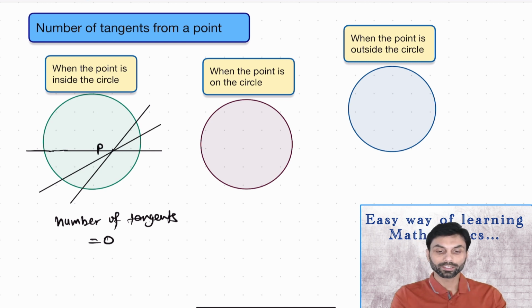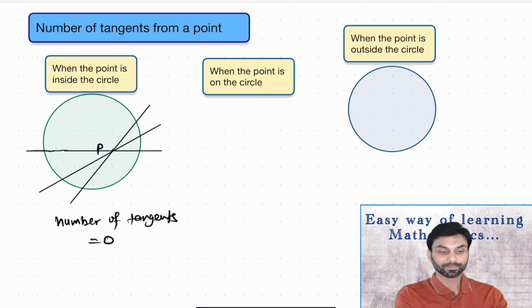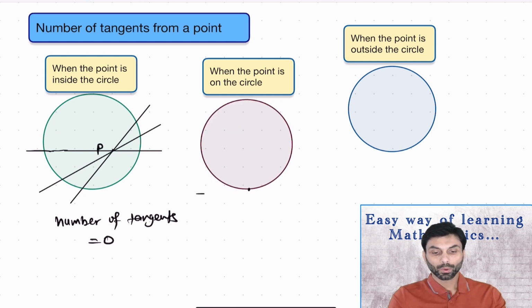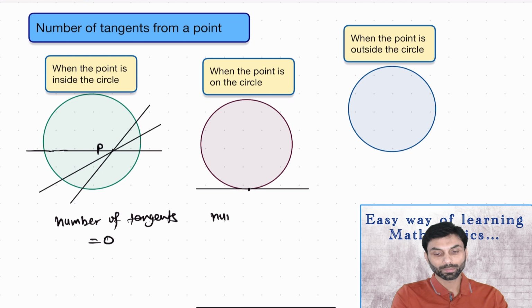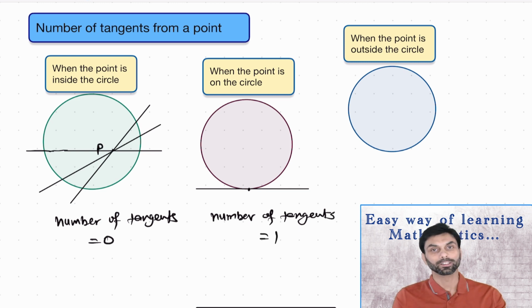If the point lies on the circle, then we will be able to draw only one tangent, because any other line drawn through this point will be a secant to the circle. So if the point is on the circle, we can draw only one tangent. So here, the number of tangents will be equal to 1.